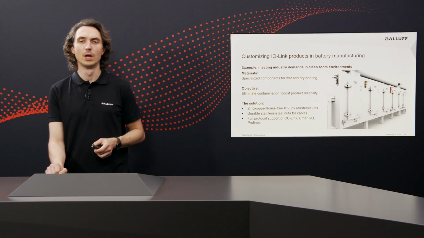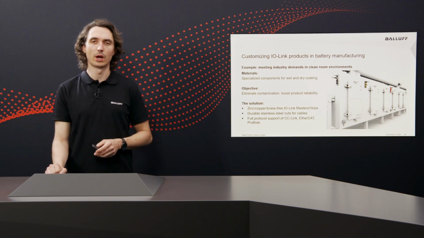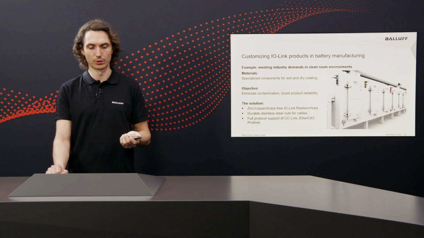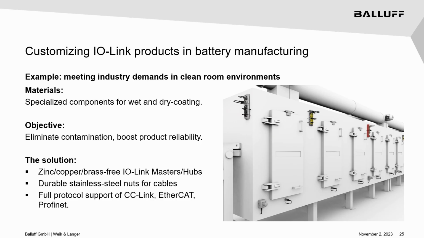And this is why we provide zinc, copper and brass-free, so metal-free IO-Link masters and hubs, but also, for example, durable stainless steel nuts for all the cabling being used, all while supporting the common protocols such as CC-Link, EtherCAT or Profinet.